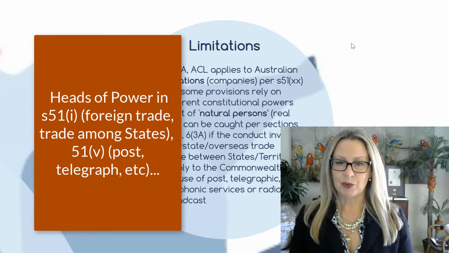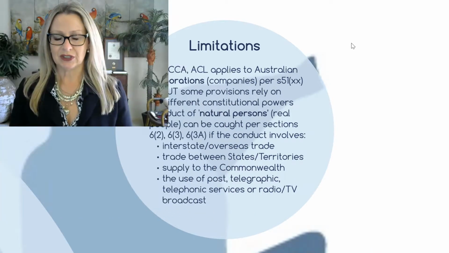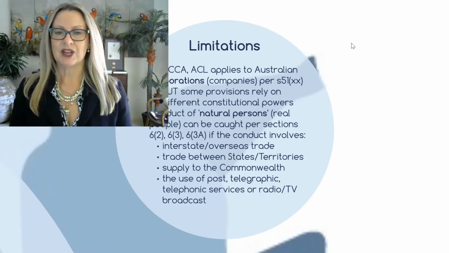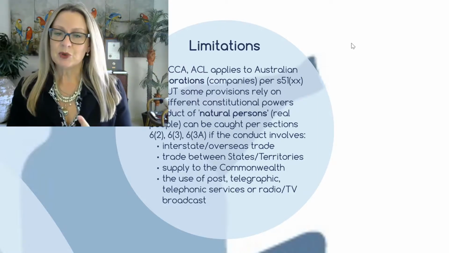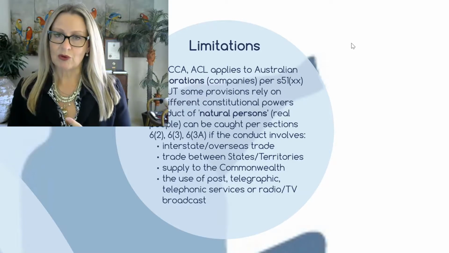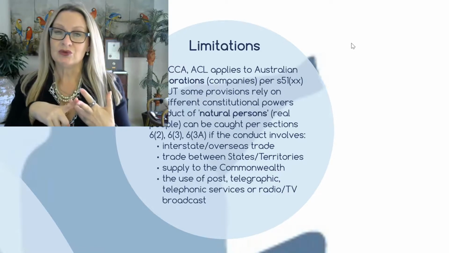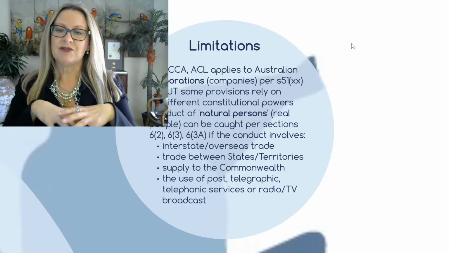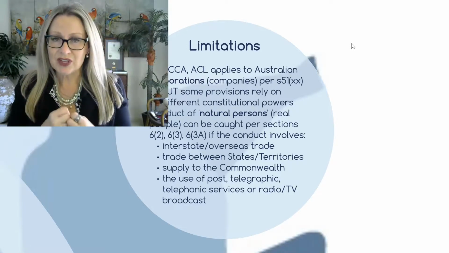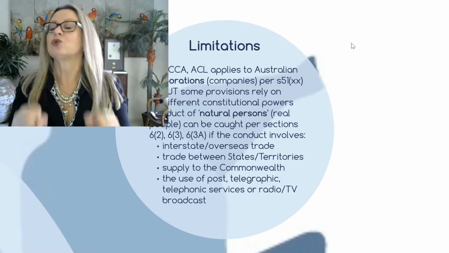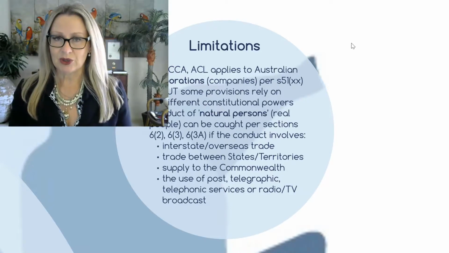And the conduct of natural persons can be caught constitutionally through sections 6, sub 2, sub 3 and sub 3A of the Competition and Consumer Act, which basically says that if the conduct involves interstate or overseas trade, or trade between states and territories, supply to the Commonwealth, or conduct that involves the use of post, telegraph, telephone, radio or TV broadcasts, if the conduct of natural persons involves those kinds of things, then the Competition and Consumer Act, ACL, can actually reach out and grab those naughty people as much as if they were companies.